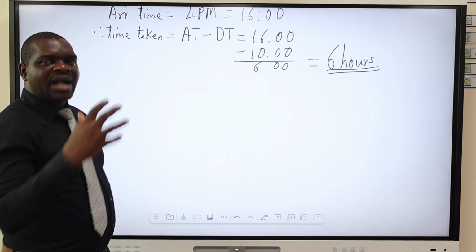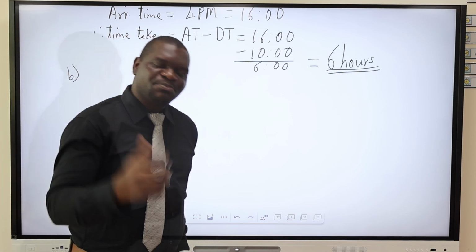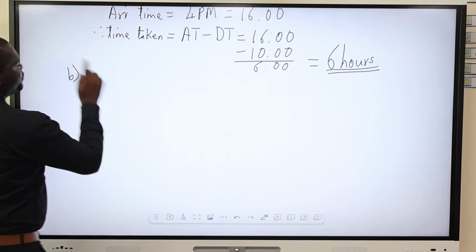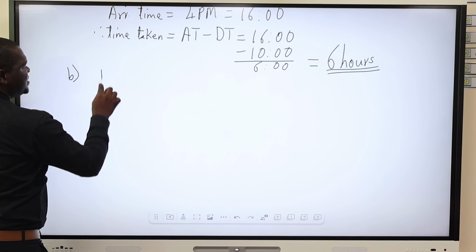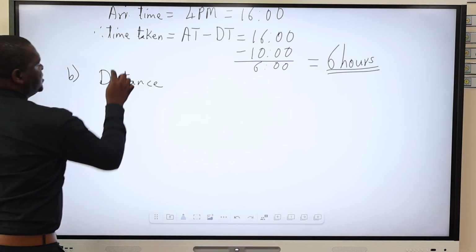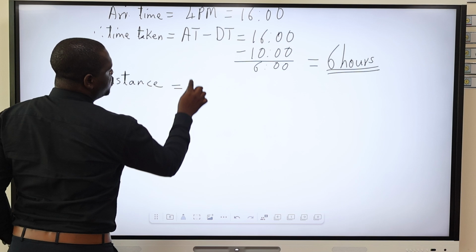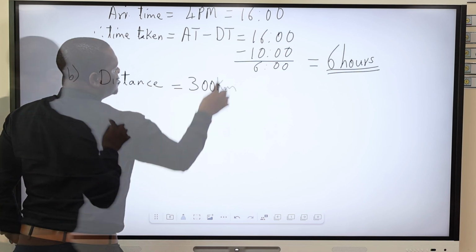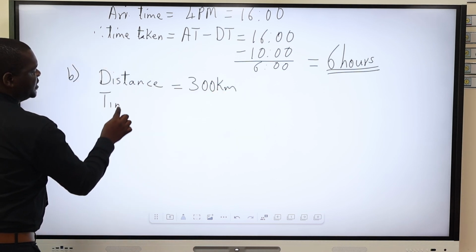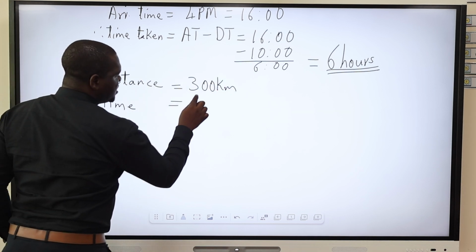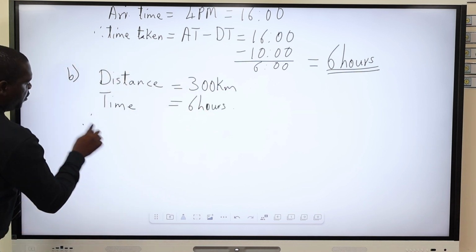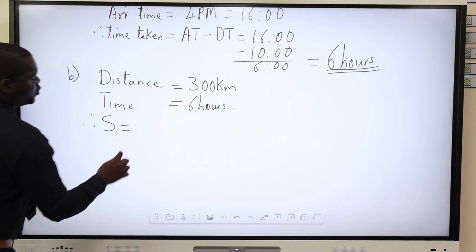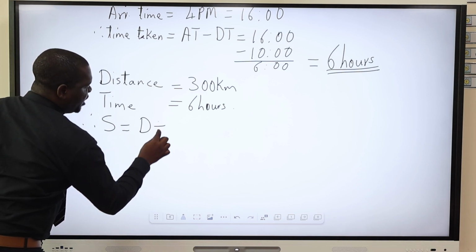B says calculate its average speed. To find average speed, we need to first of all identify the distance that it covered. Distance is equal to 300 kilometers. And we have to identify the time. We've just calculated it is 6 hours. Therefore, speed is equal to distance divided by time.